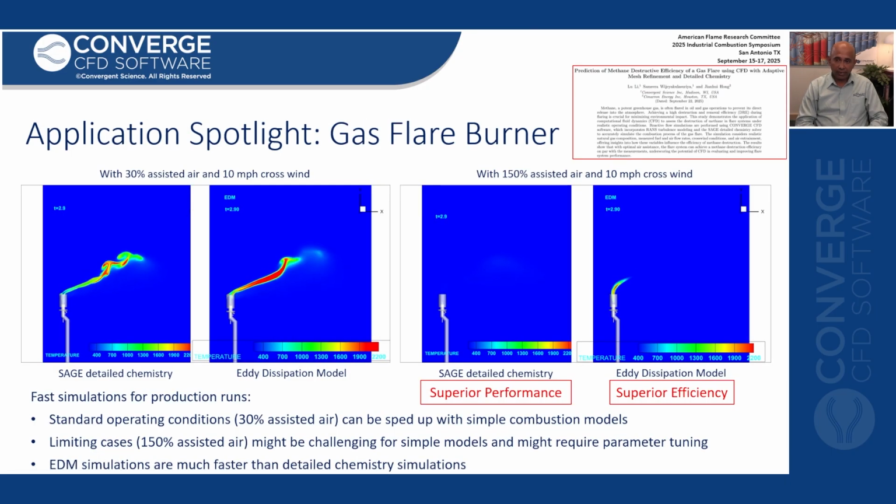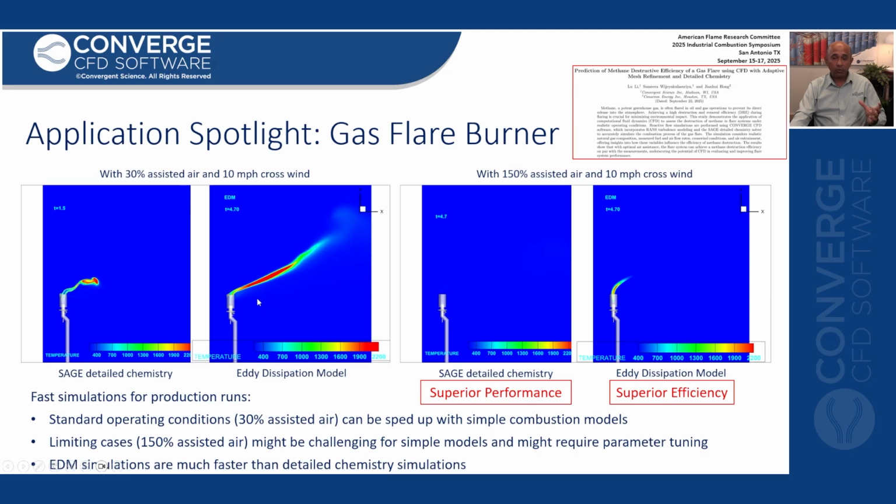Here's another publication that came out recently on gas flares. So what you see here is on the left, we have done the simulation with detailed chemistry as well as with eddy dissipation model. So why detailed chemistry? Accurate simulation. Now with 30% assisted air, there's always a cross flow from left to right. With 30% assisted air coming through the burner, you have a strong flame, and then EDM is also able to model that.